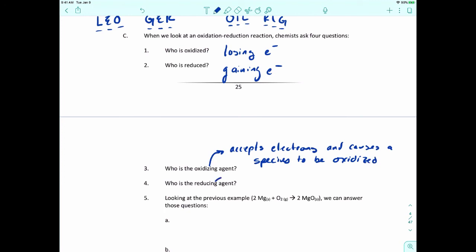And then if you're the reducing agent, you donate electrons and cause a species to be reduced. All right, so let's try to answer these 4 questions based on the reaction that we've seen.